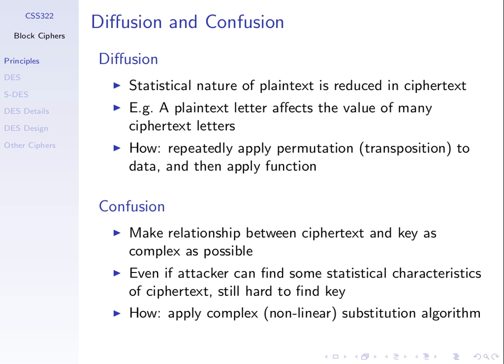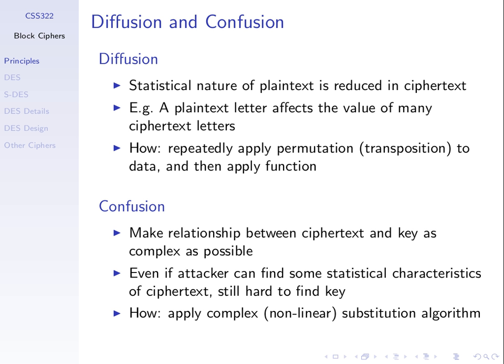That's about the relationship between the plaintext and the ciphertext. Another thing we care about is the key. We want to make the relationship between the ciphertext and the key as complex as possible, so that an attacker that has the ciphertext cannot find the key. Similarly, here this is saying if the attacker has the ciphertext, it's hard to get the plaintext.